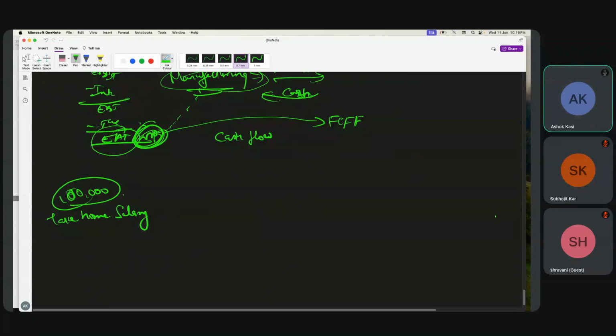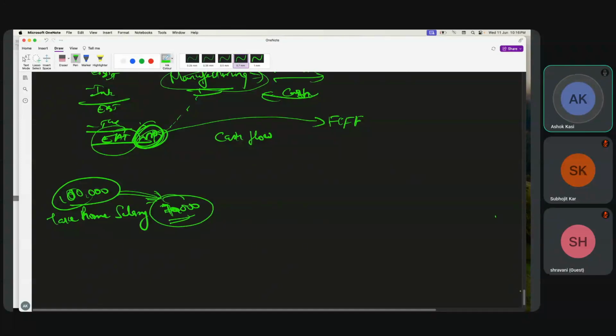Maybe after deducting all, you will get only 70,000. You want to have a clear idea how much cash you are going to get in your hand. So actually it is 70,000 only. The rest 30,000 you are not even seeing.